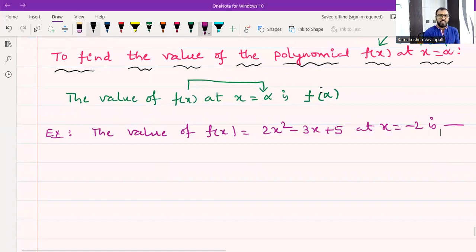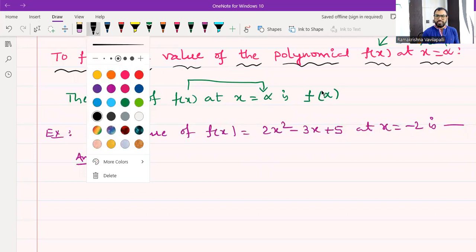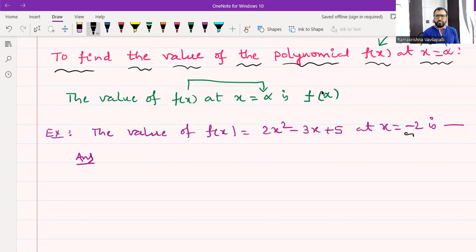Here is the answer: the value of f of x at x equal to minus 2 is simply, substitute the value minus 2 in place of x. So here f of minus 2. Simply they are asking what is f of minus 2.